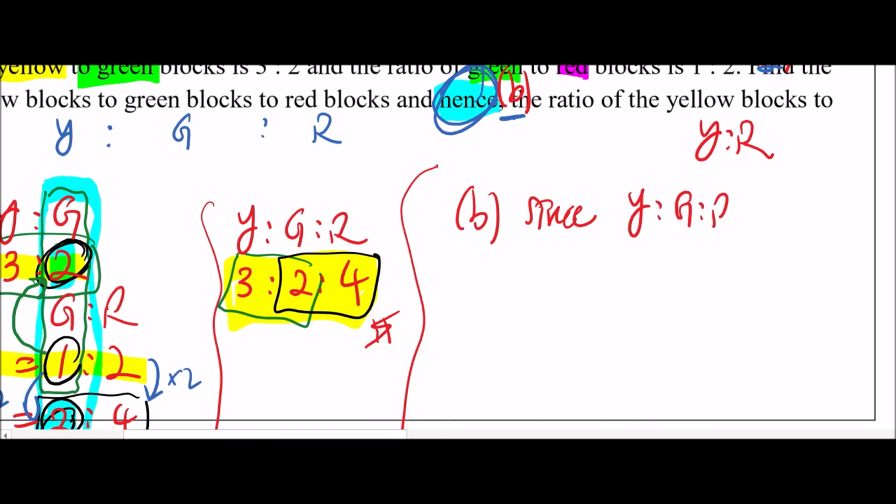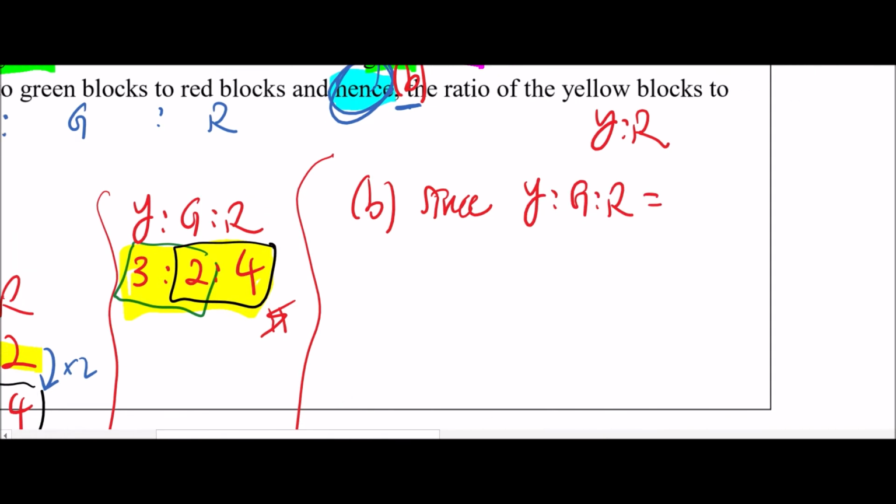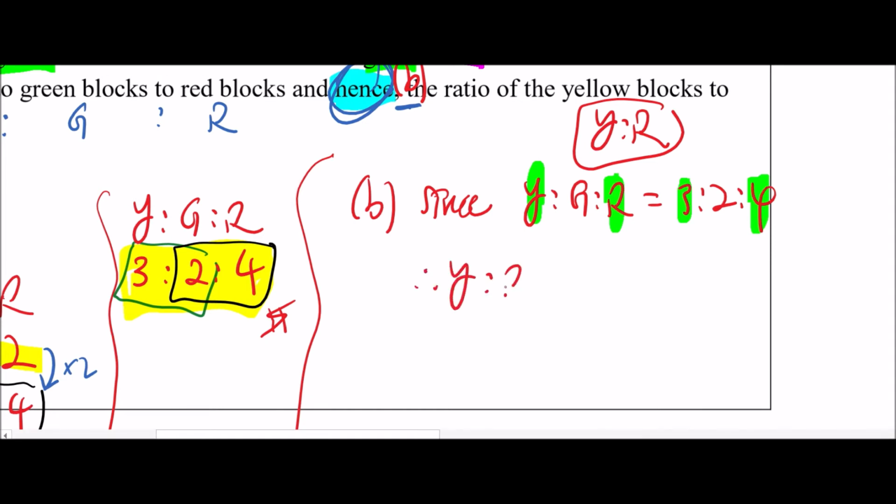Y is to G is to R equals to 3 is to 2 is to 4. We are tasked to find what is Y is to R. Actually, we're done really, right? Y is to R is simply 3 is to 4. Okay, so therefore Y is to R equals to 3 is to 4, and we are done.